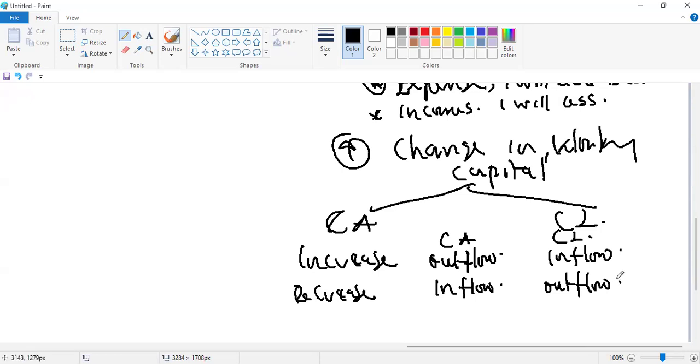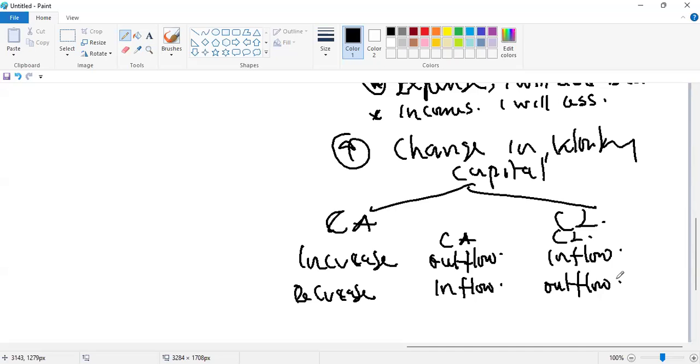This is what we learn in changes in working capital. Don't forget, an increase in current assets is a cash outflow, while a decrease in current assets is a cash inflow. Then an increase in liability is a cash inflow, while a decrease in liability is a cash outflow.